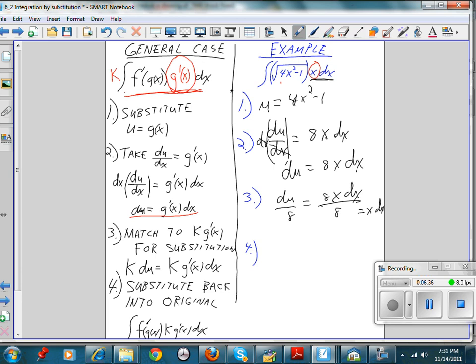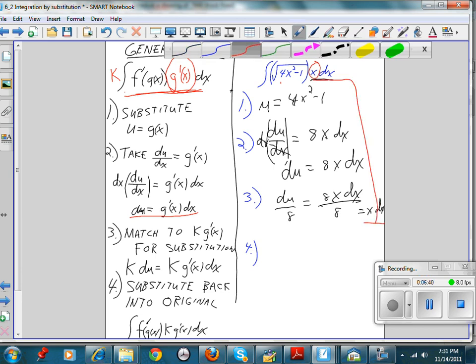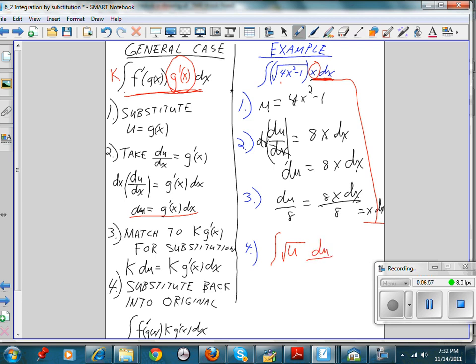And that, my friend, I refer to as the knockout right here. You see, I see that substitution. Now I'm going to substitute back into the original equation. Well, what do I have here? I have the square root of u. What's x dx? That's du over 8. Or that's just going to be 1/8 u du.